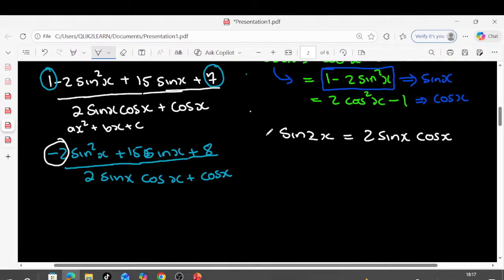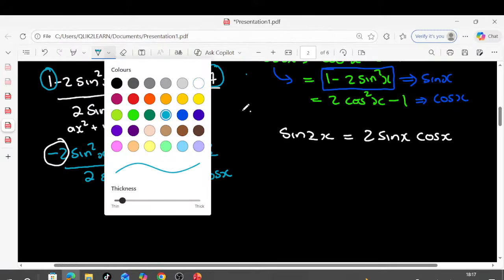Tell me, guys, how can we make the 2 positive? Anyone?